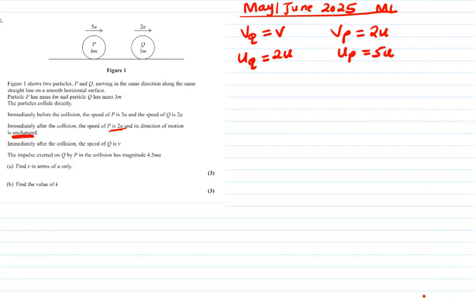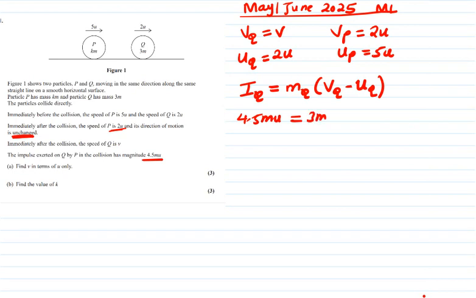So the impulse on Q is the mass of Q multiplied by the final velocity of Q minus the initial velocity of Q. We have 4.5mu, which was provided in the question, equal to the mass of Q, that is 3m, into bracket vQ, which is v, minus uQ, which is 2u.